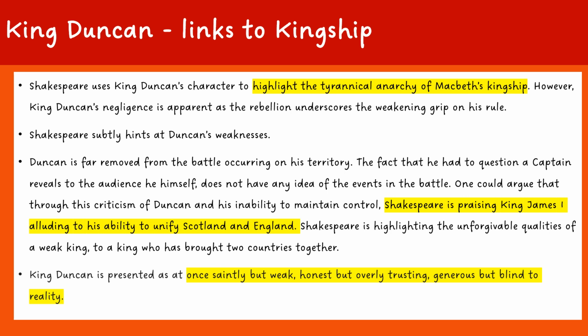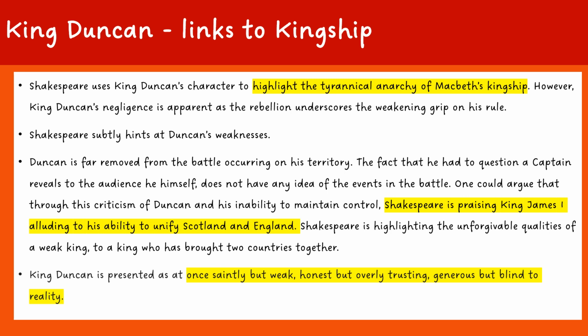However, King Duncan's negligence is apparent in the play, and we see that in Act 1, Scene 2, when the captain is revealing to King Duncan what's going on on the battlefield. We can see that King Duncan does not take part in the battle, and he stands on the periphery of the bloodshed that occurs.